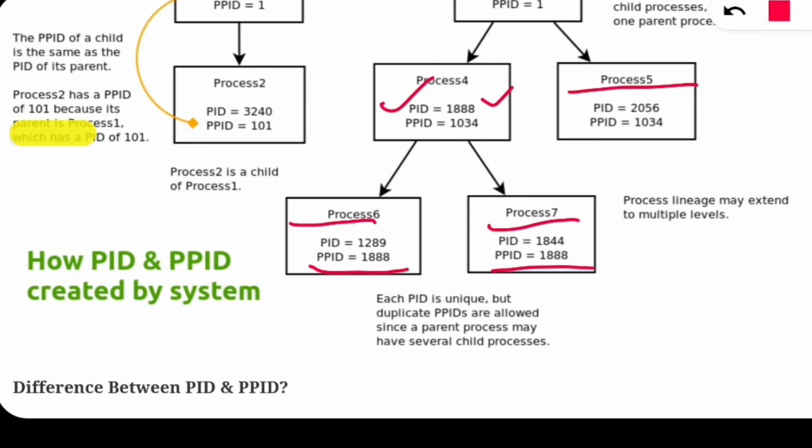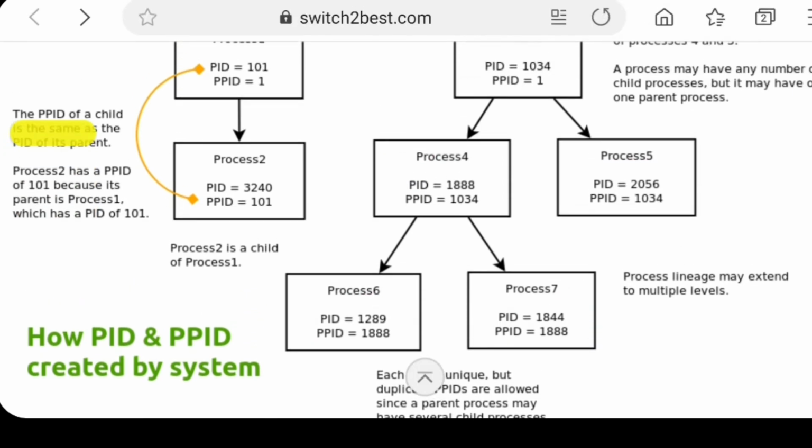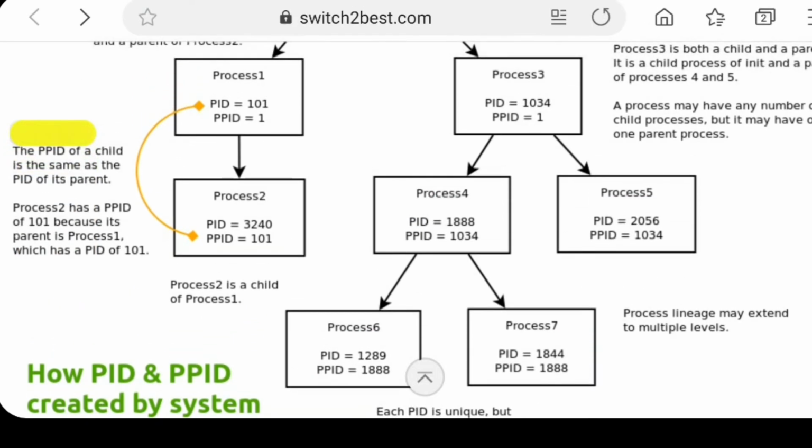For process 5 it will get 1034, because the PID of process 3 is this one, so it will automatically be the PPID of process 5. You just need to consider the parent and child. On the basis of this, the parent's PID will be the child's PPID. You need to remember this.